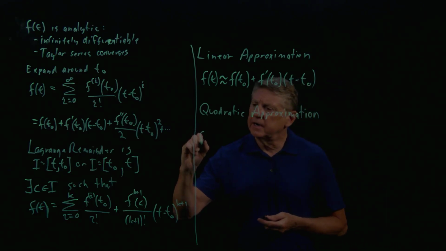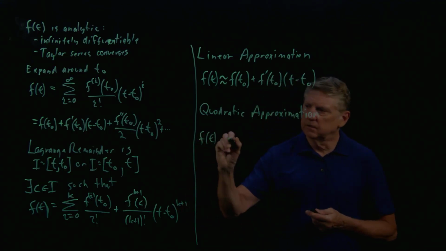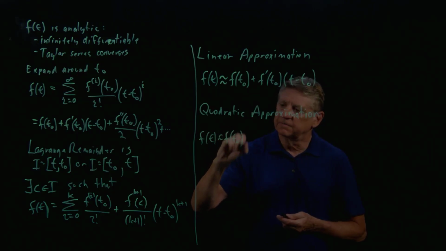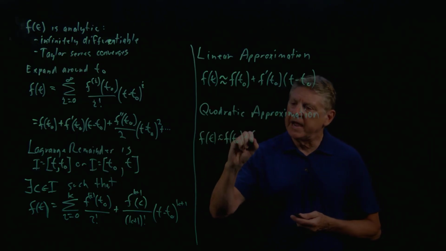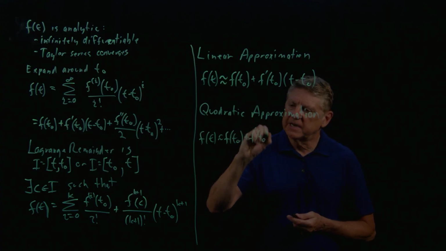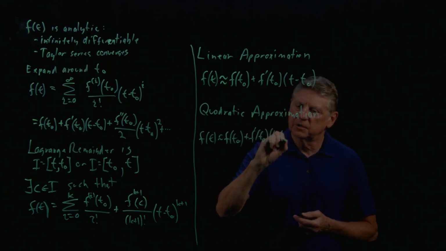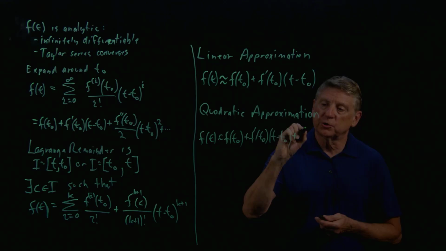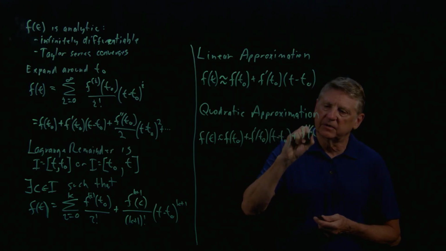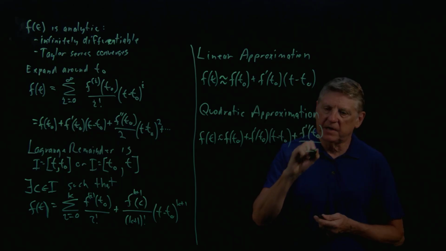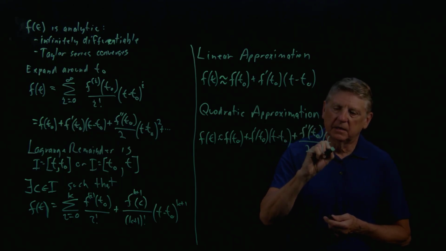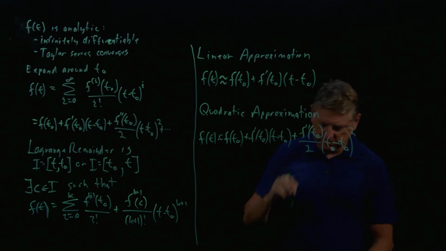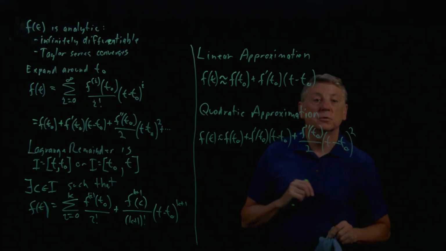So we say that our function of a scalar argument is approximately the function at the expansion point, plus the derivative of the function at the expansion point times the difference between our point and the expansion point, and then one more term: the second derivative at the expansion point, divided by 2, multiplied by the difference between our point and the expansion point squared.